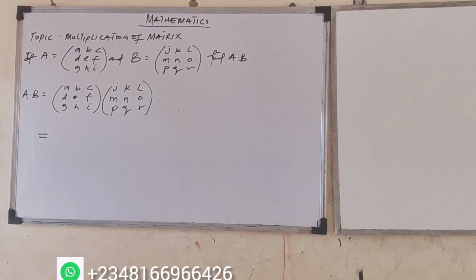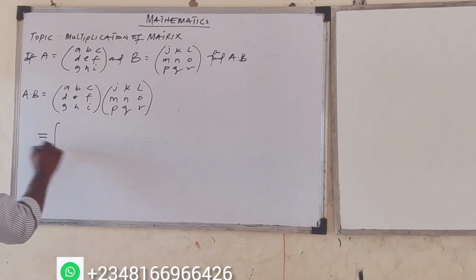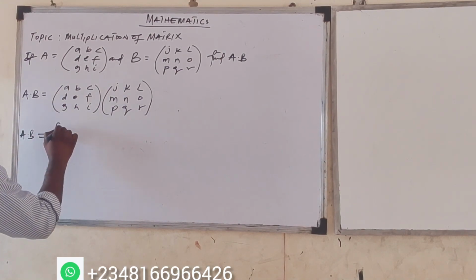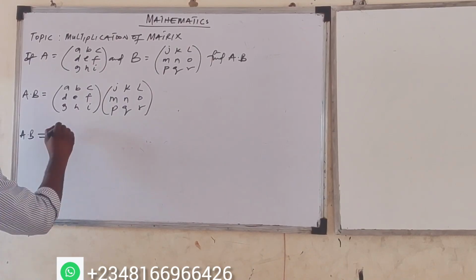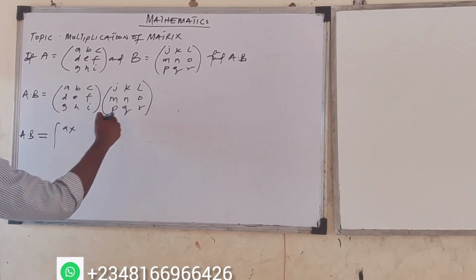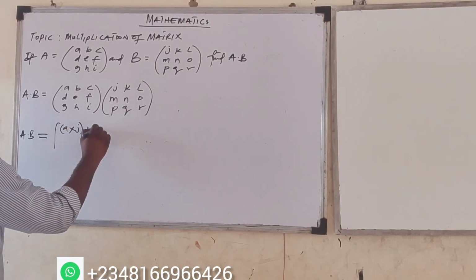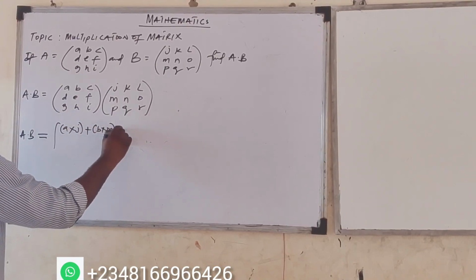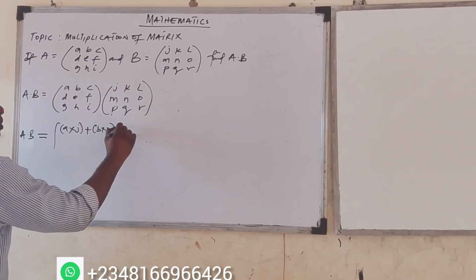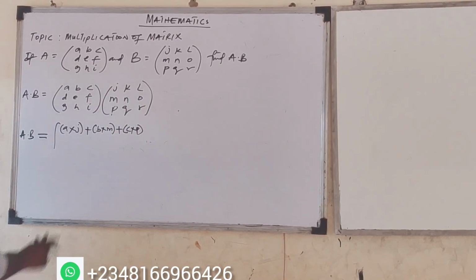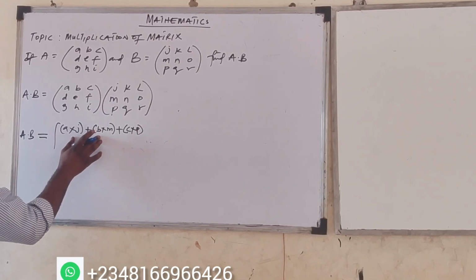So A dot B will be equal to, because we said row by column, A times J plus B times M plus C times P. That's the first element of the first row.